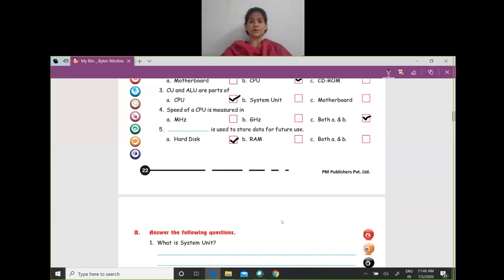CPU is also called a brain of the computer, microprocessor, processor or a microprocessor. So, central processing unit.